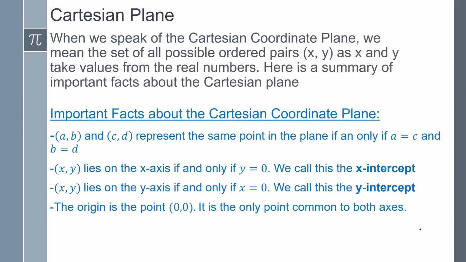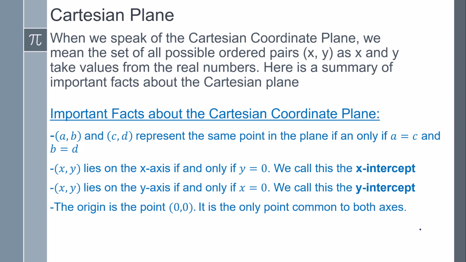Now when we speak of the Cartesian plane, we mean the set of all possible ordered pairs x, y. So we're looking at it through the abstract lens. Now here's a summary of the important facts about this Cartesian plane.